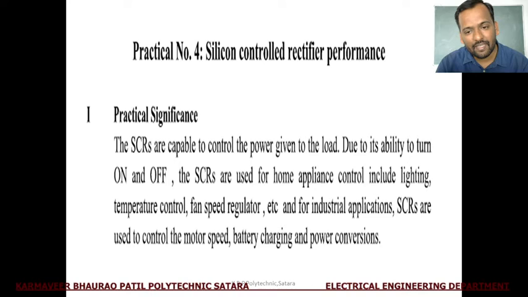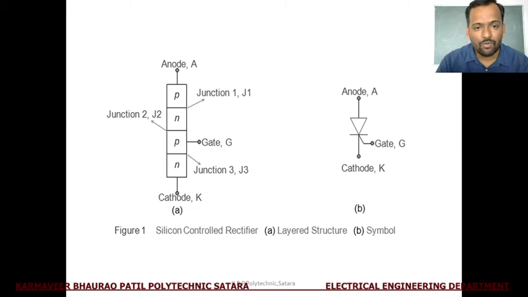In this practical, we will see the performance of silicon controlled rectifier. As we have already studied, it has mainly 4 layers and 3 junctions, and also 3 terminals, mainly anode, cathode, and gate. Gate is the controlling terminal.